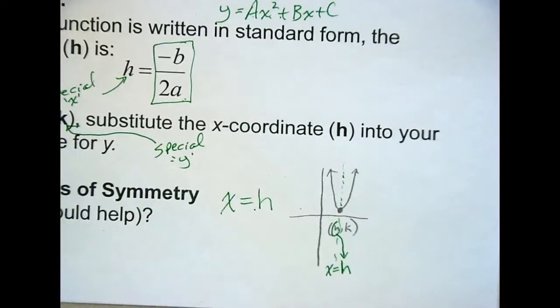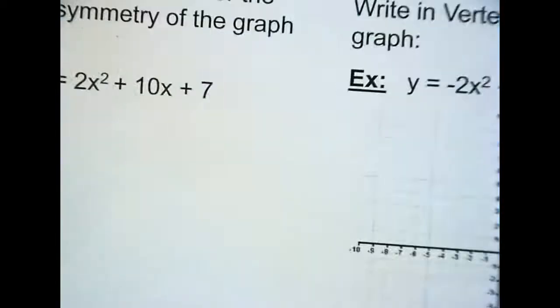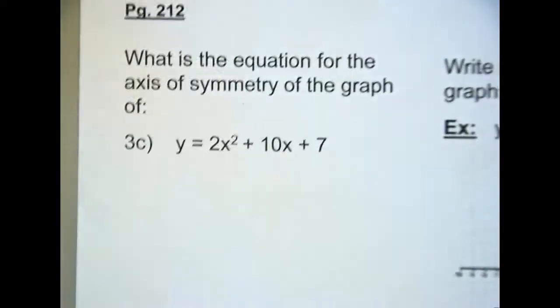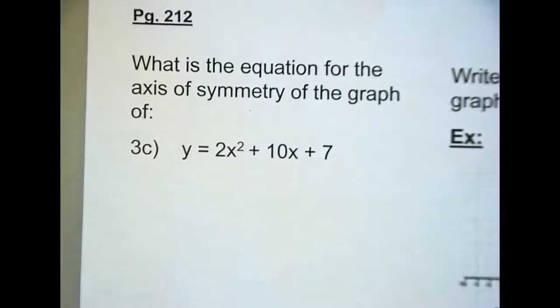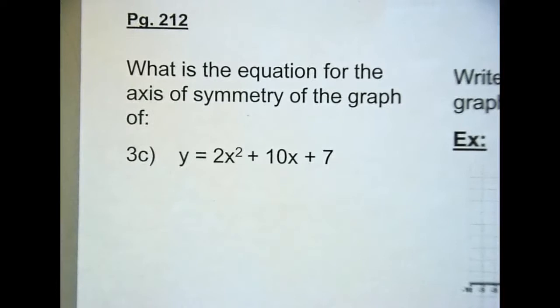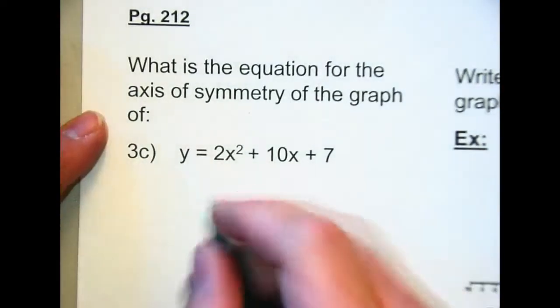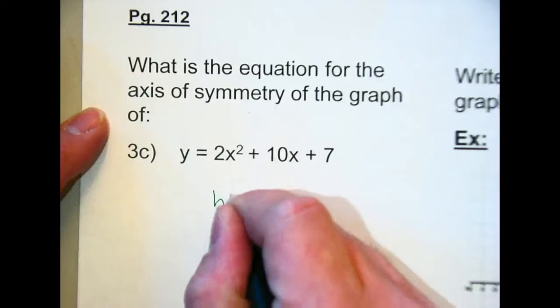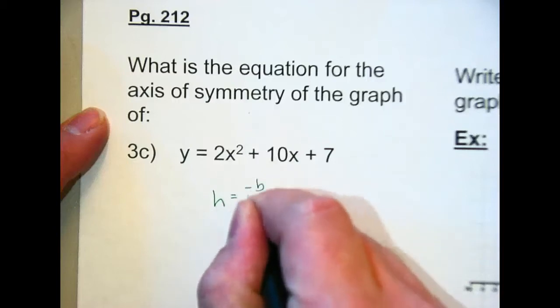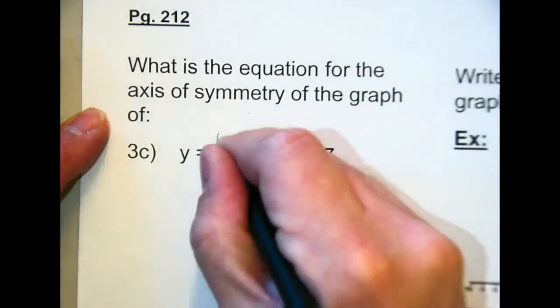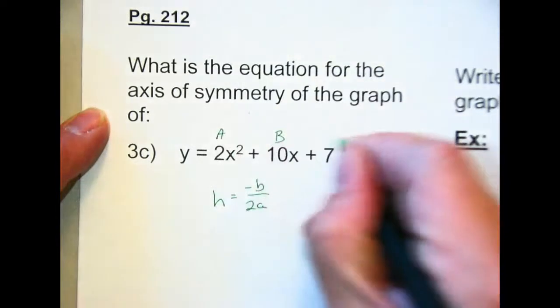The goal for us today is to be able to go back and forth between standard and vertex form. Let's try some of these. This is on page 212, but what's the equation for the axis of symmetry of that graph? Get a minute to work on it. Axis of symmetry, remember, is just x equals h. So if I find h, which we know is the opposite of b over 2a, there's a, there's b, there's c.